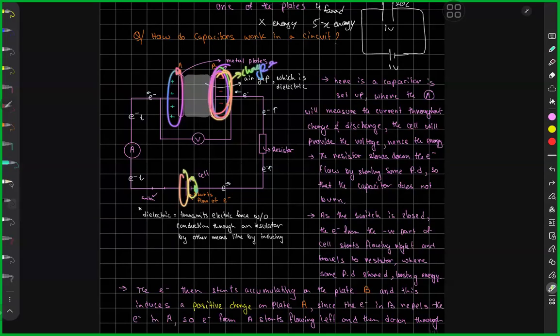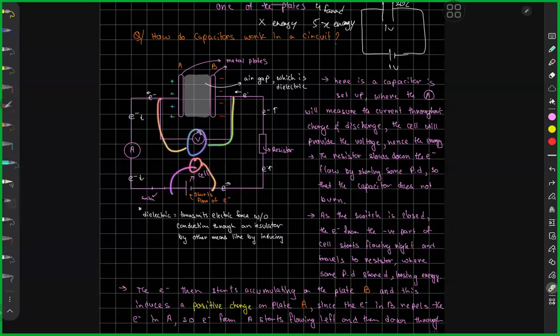So basically it is creating the same potential difference as the supplied potential difference. That is exactly what's happening. The current keeps flowing until the plates over here are somewhat equal. When you have the same potential difference across these 2 points and these 2 points, that is when the capacitor is done being charged up.